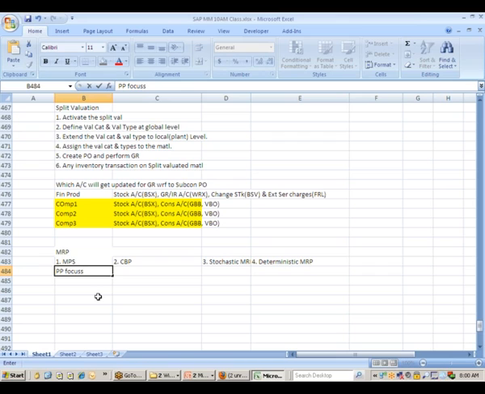Your MPS, what we call Master Production Schedule, is mainly focused on the PP module. That means all the production-critical materials are planned under the planning type called MPS.